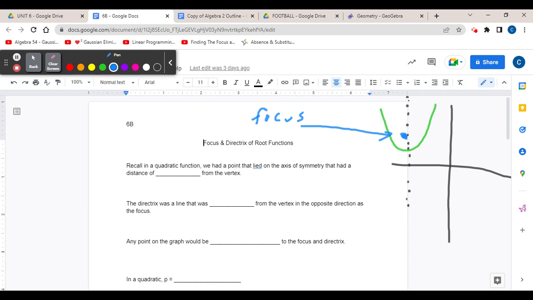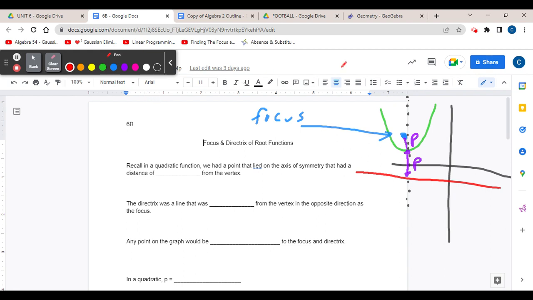All right. And that point, the focus, had a distance of P from the vertex. Okay. So from the focus to the vertex had a distance of P. Okay. Now the vertex to the directrix also had a distance of P. Okay. And so we had a directrix down there.